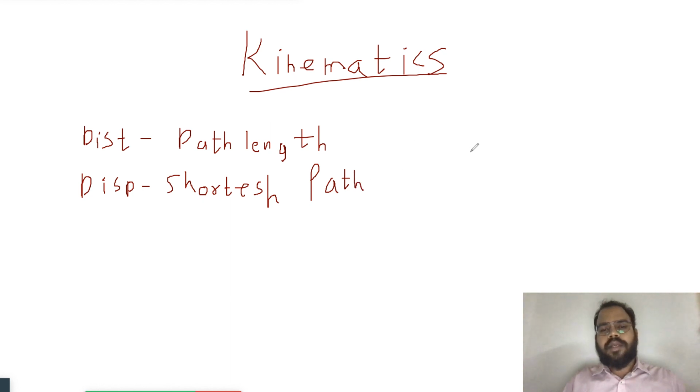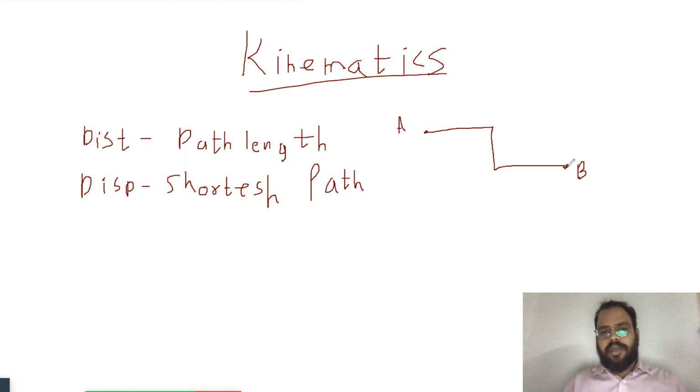So let's consider an example here itself. Suppose this is my point A and this is my point B. Suppose I want to go from point A to point B. I started walking this way, then I took a right turn, and then I walked straight to the point B. Now for my distance, the length of this path will be my distance, that is this length plus this length plus this length.